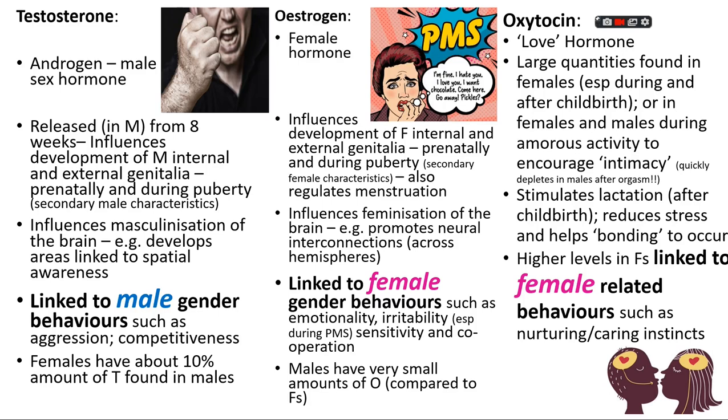So all of these hormones seem to be linked to what would be typically feminine or masculine behaviours. And this is why the biological approach to gender, so the influence of chromosomes and hormones, is thought to be inextricably linked with our gender identity and our gender behaviours.